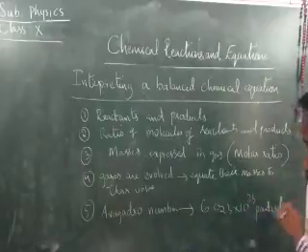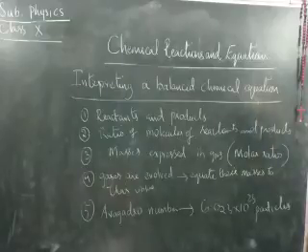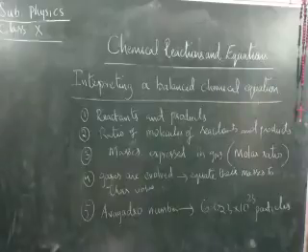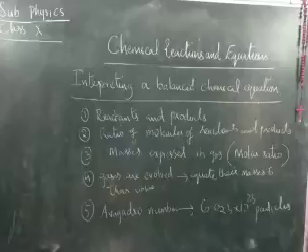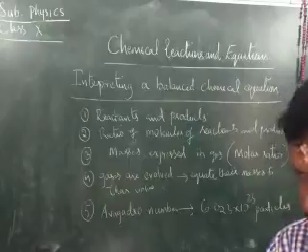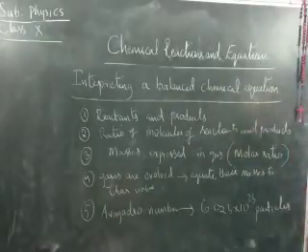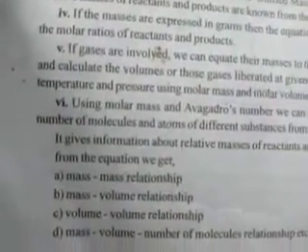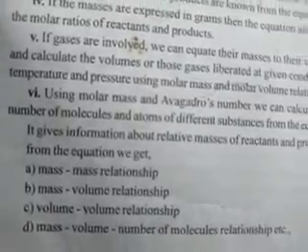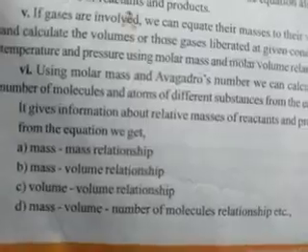And here it gives the information of the relative mass of reactants and products from the mass relationship, mass volume relationship, volume relationship, and mass volume relationship of number of molecules relationship, etc. Therefore, this is about the interpretation of a balanced chemical equation.